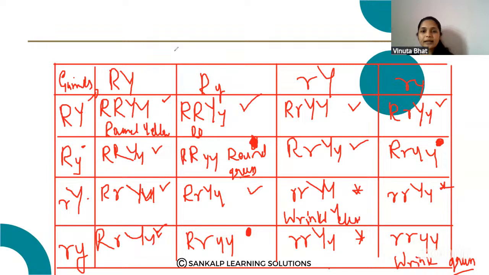So you should write the types of plants obtained in the F2 generation. Here, round yellow color seed producing plants. So here capital R and capital Y is there in their combination. You can say that they are round yellow color seed producing plants. So I put the right mark here. 1, 2, 3, 4, 5, 6, 7, 8, 9.